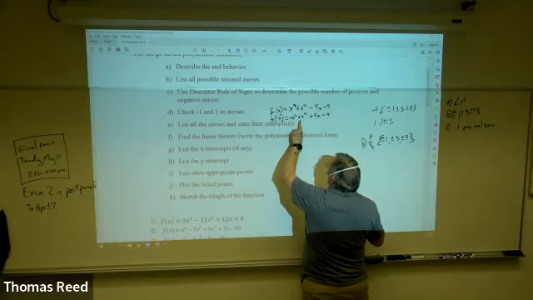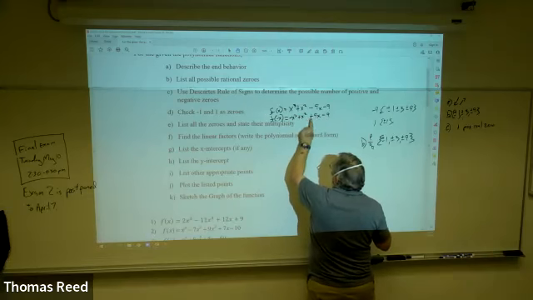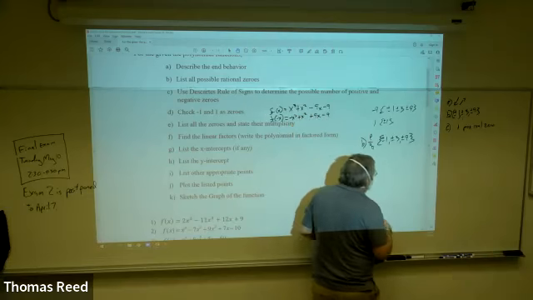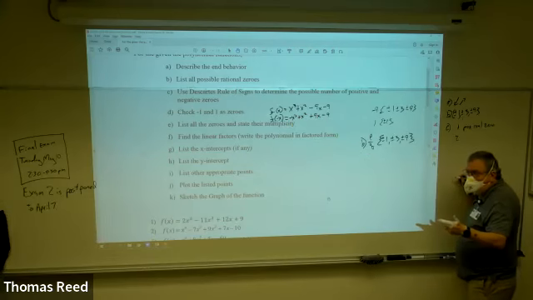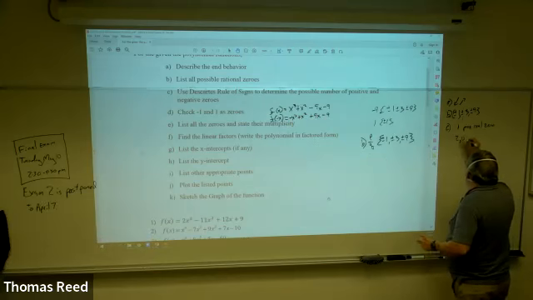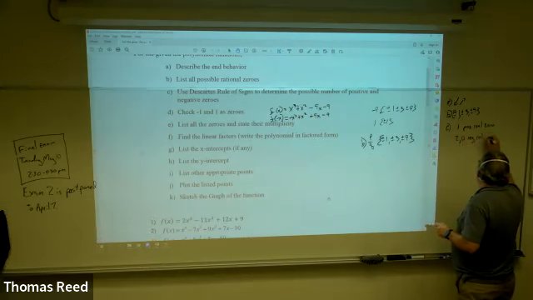Negative, positive, positive, negative. I had 2 sign changes. Changed here and changed here. It did not change here. So that's 2 sign changes. So I subtract 2, and I get 0. So I have 2 or 0 negative real zeros.